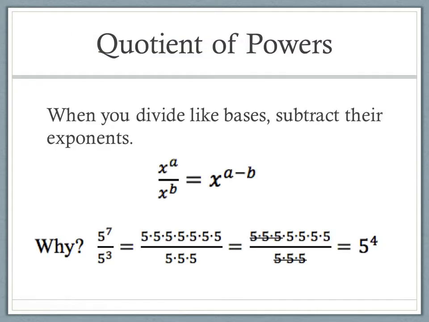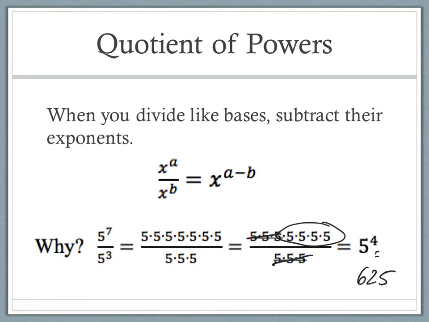Okay, when it's division, we subtract our exponents. I like to think of this more like crossing them out though, because we already kind of did that. So if I have 5 to the seventh divided by 5 to the third, really what we're doing is taking away 3 5's on the bottom for 3 5's on top, which would leave us with 5 to the fourth, which would be 625.